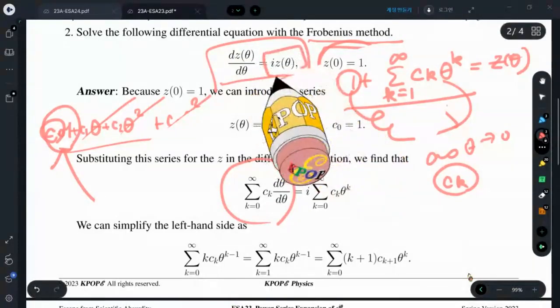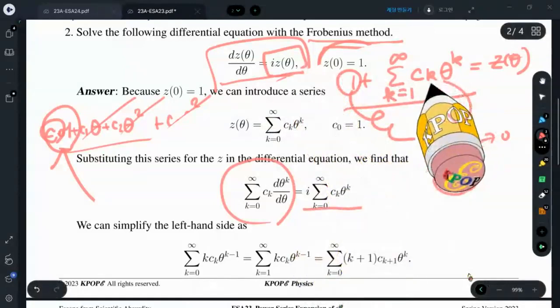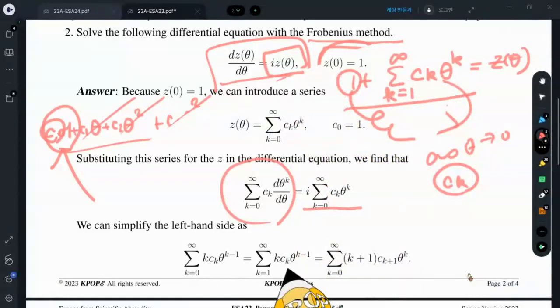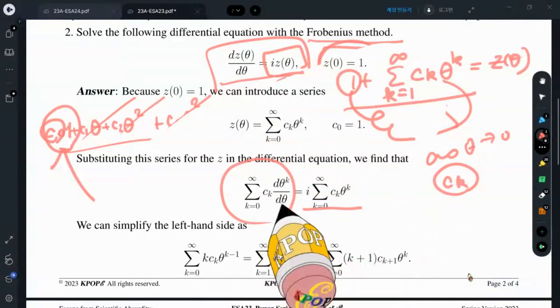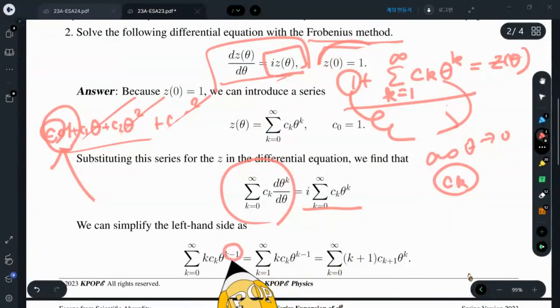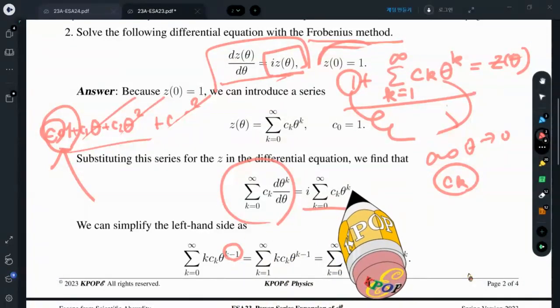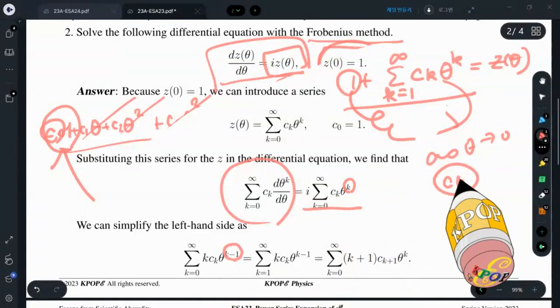What about the right-hand side? If I substitute this in here, it is still the same. Okay, here I have a power theta to the k minus 1 on the left side, and on the right side we have theta to the k.